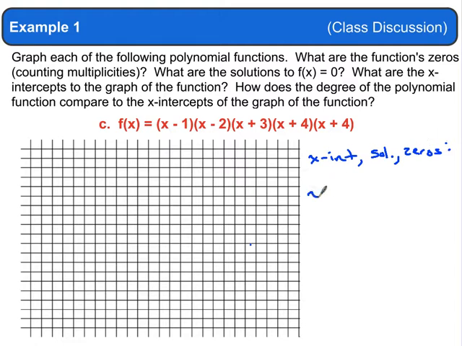So we would get x equals 1. We would get x equals 2. We would get -3. And then we'll get a pair of -4's that have a multiplicity of 2. So that's what we're looking at.